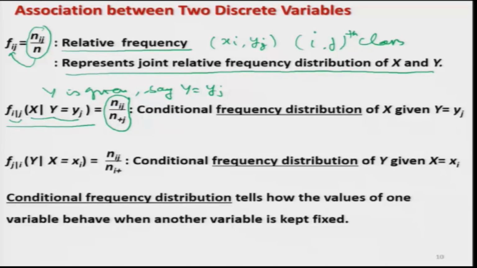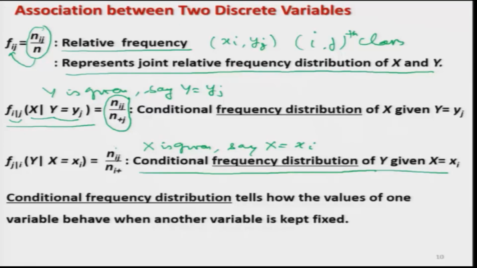Now, the second case will be that in place of y, suppose the value of x is given, and suppose x is given as xi. Then in that case the conditional frequency distribution of y given x equal to xi is obtained by nij upon ni plus.